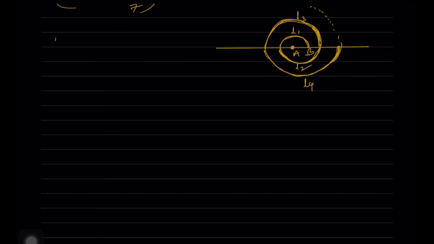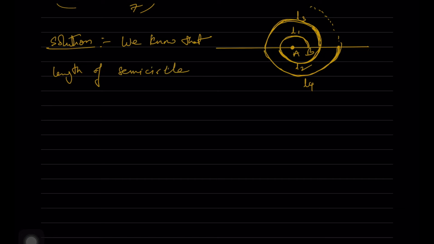So for this solution, we know that length of a semicircle: the length of a circle is nothing but circumference, which is equal to 2 pi r. So semi will be 2 pi r by 2, which is nothing but pi r.